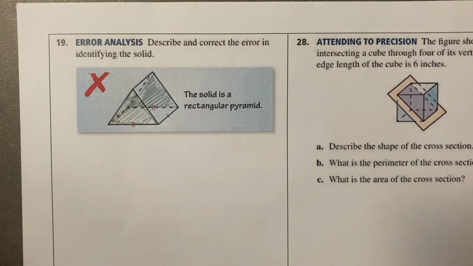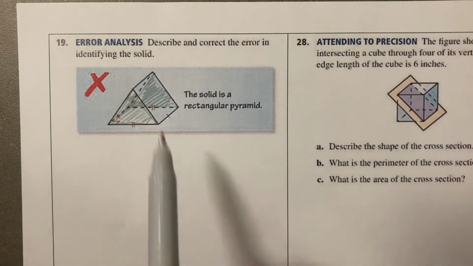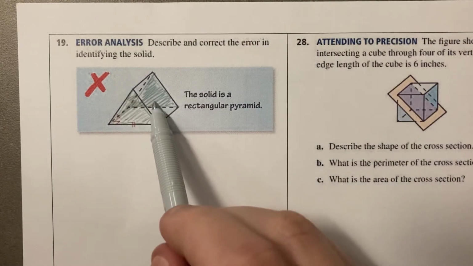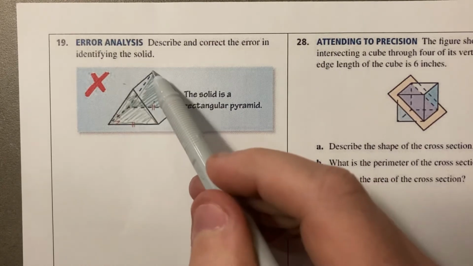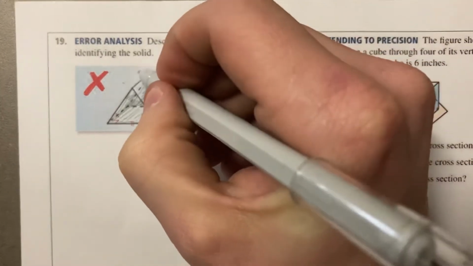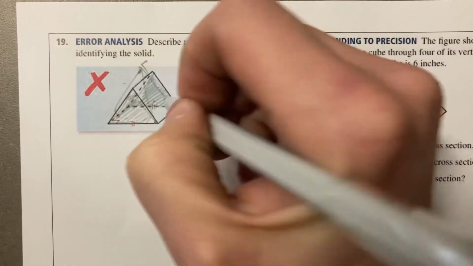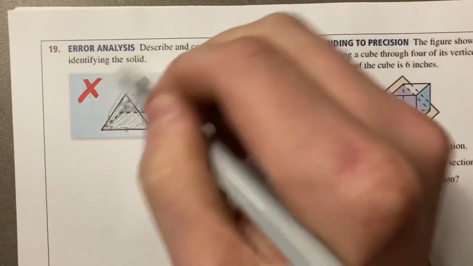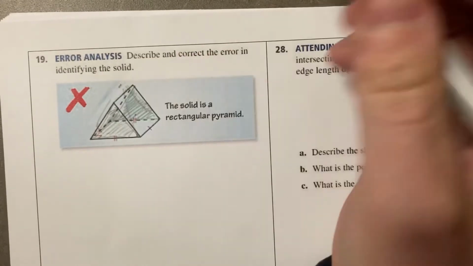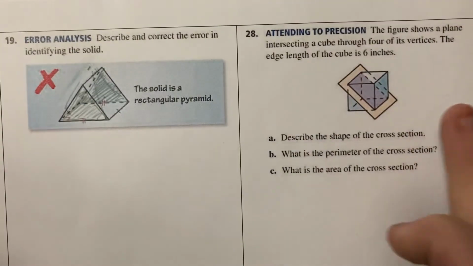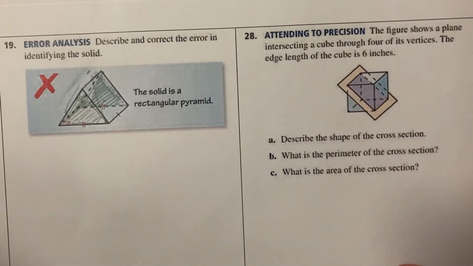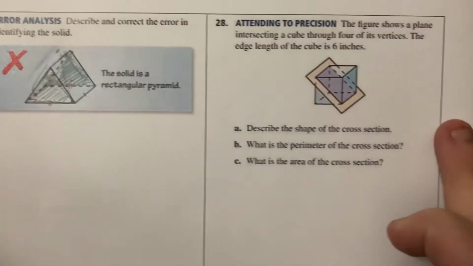Bases are two shapes that are parallel to each other. So this triangle is parallel to this. They don't come to a point. They're up here at a line. It's not like they're coming to a point. Okay. So this is a prism, and you know what? You're in high school, and you need to know the difference between a prism and a pyramid.